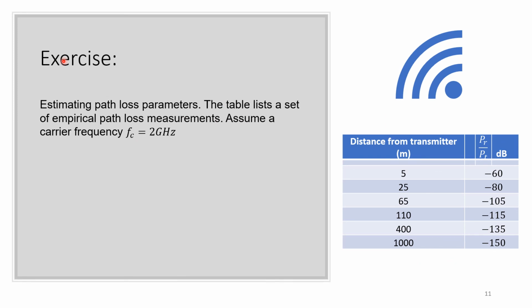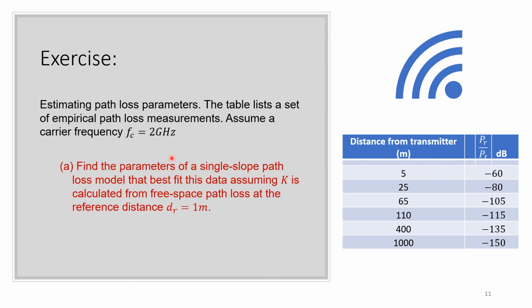Alright, let's test our understanding with the following exercise. Please take it seriously, and if you do it right with numbers, then you can claim the understanding. Estimating path loss parameters. The table shown here lists a set of empirical path loss measurements, so PR over PT in dB, for different distances. So this is distance in meters. Assume a carrier frequency of 2 GHz.